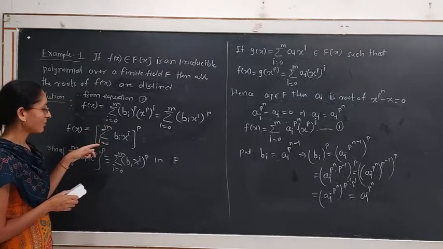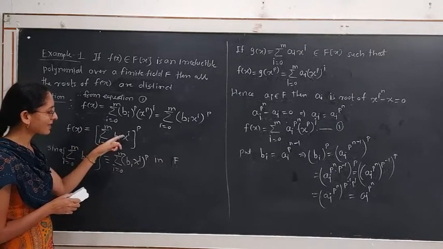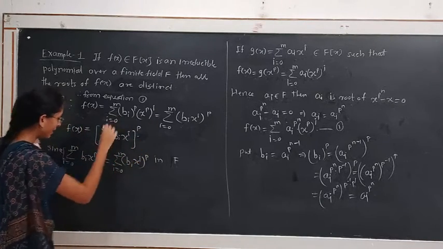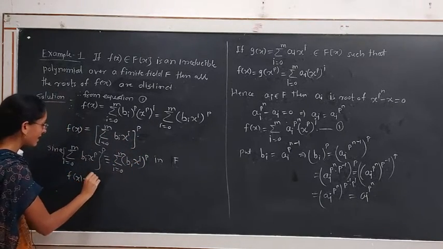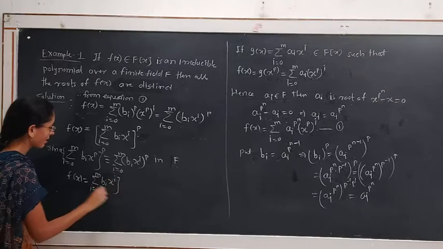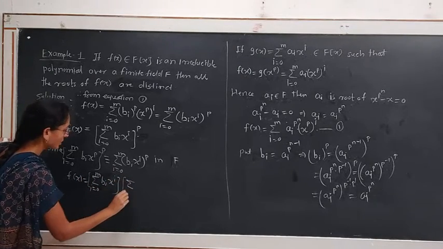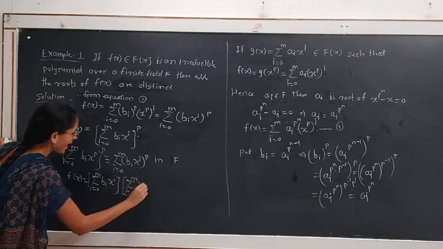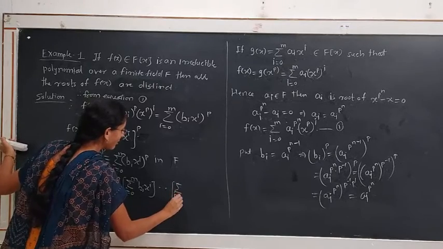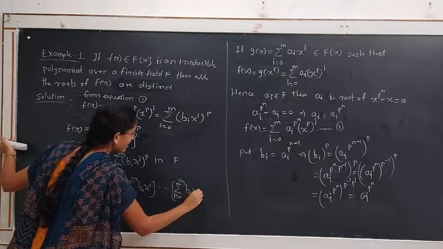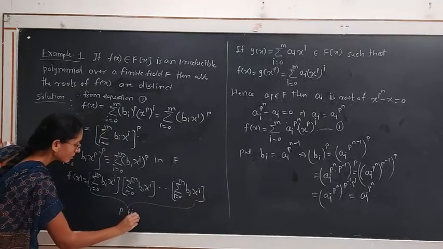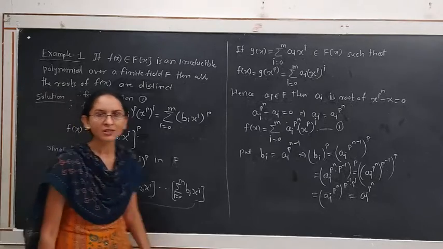If we solve this expression, we can rewrite f(x) as the sum i equal to 0 to m of bi x raised to i, first bracket, into the summation i equal to 0 to m of bi x raised to i, second bracket, up to the summation i equal to 0 to m of bi x raised to i. These brackets are repeated p times. This product of brackets occurs p times.